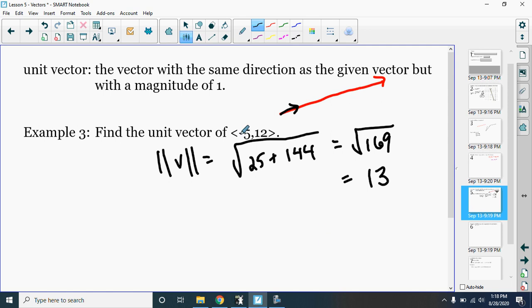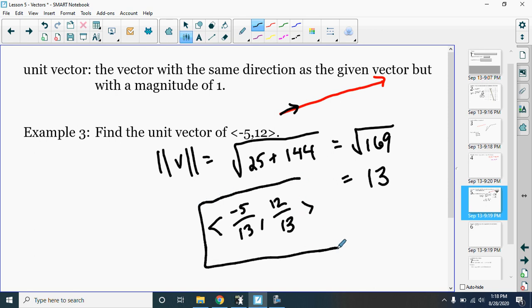And all you're going to do is divide the components by the magnitude. And that's it. That is in the same direction as negative 5, 12.